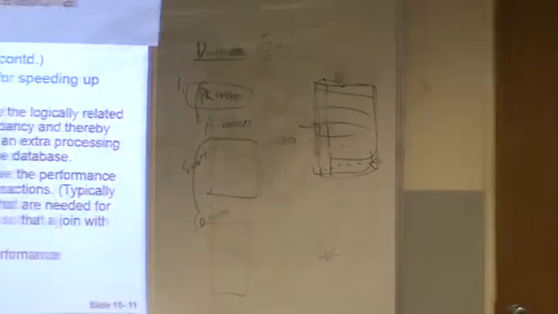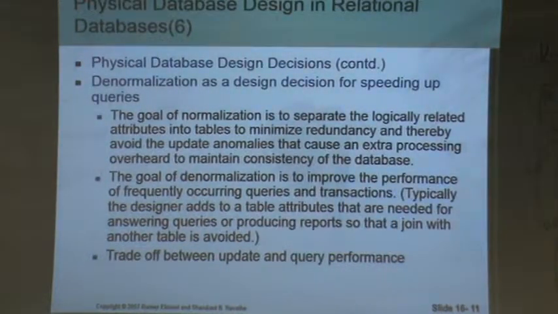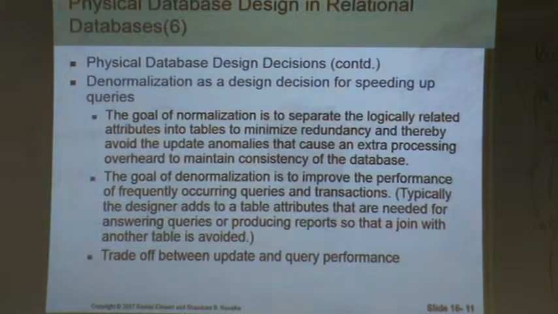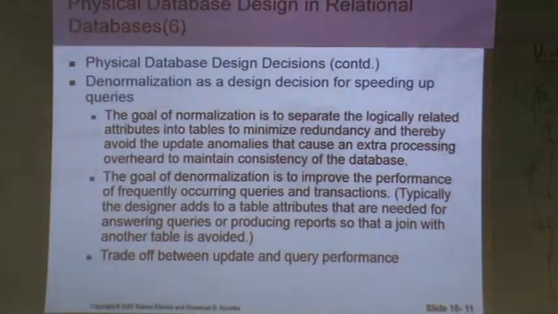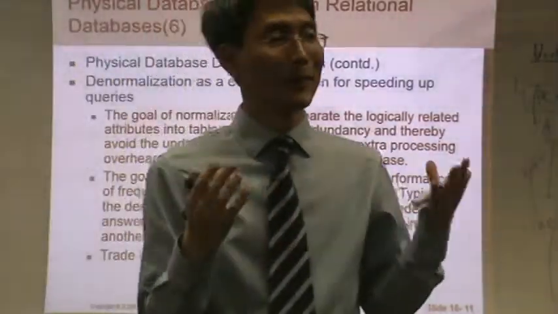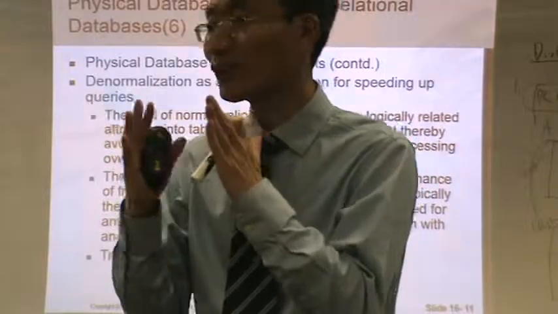Okay. The next one is denormalization. What does that mean? Denormalization. Normalization means segmentation, so denormalization means desegmentation, which means putting together, merging. Then Professor Lee said database people really hate redundant information.